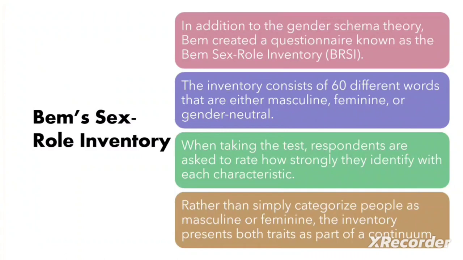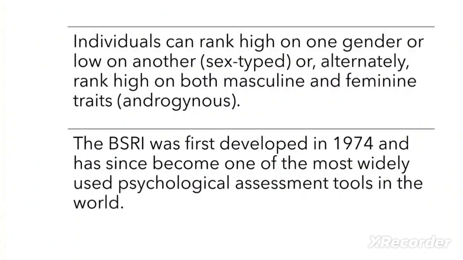This inventory presents both traits as part of a continuum rather than simply categorizing the person as masculine or feminine. An individual may rank high on one gender and low on the other, or alternatively rank high on both masculine and feminine types. Bem's Sex Role Inventory was developed in 1974, and it has been widely used in psychological assessment tools around the world.